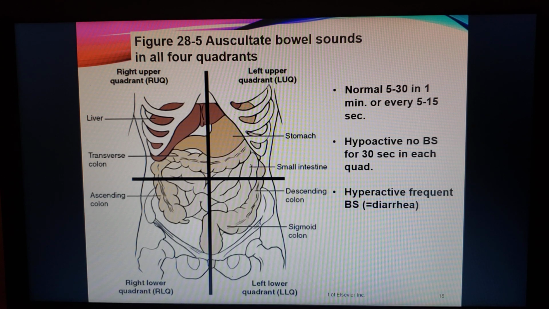You just hear a lot of activity, so it's more often than every 5 to 30. Hyperactive bowel sounds are present when the patient has diarrhea, or you're going to hear hyperactive right after they have eaten a meal. And then absent bowel sounds can be documented. The standard of care is listening to each quad for 5 minutes. If you don't hear any bowel sounds, we can document absent.